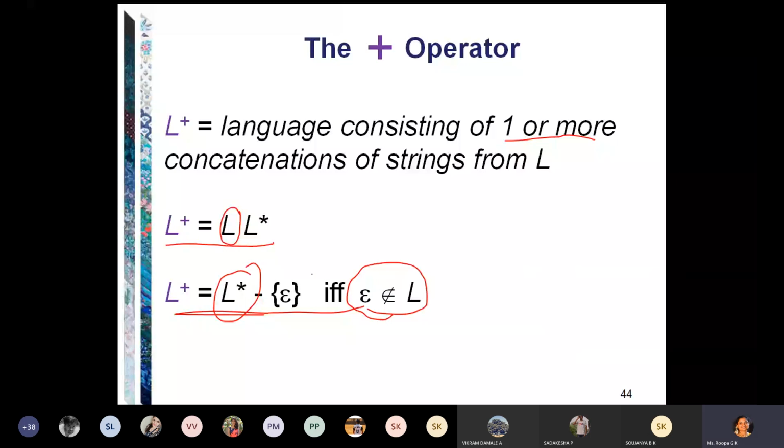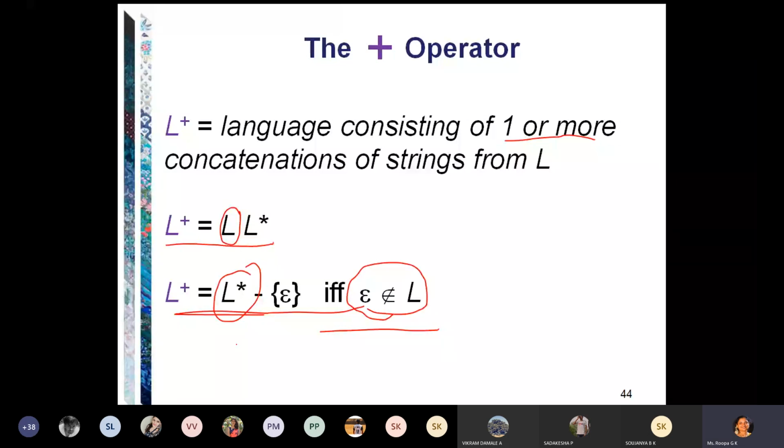If I say a language consisting of even number of string length, even number of string length also includes 0, right? 0 means epsilon. So we can't write L plus. That's why this is the point: if and only if epsilon is not belonging to L. Suppose epsilon is not belonging, then we can write L plus.